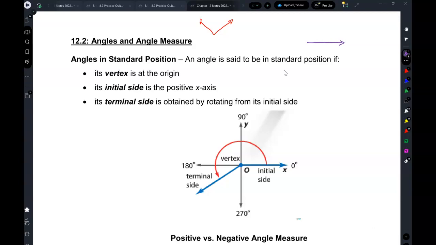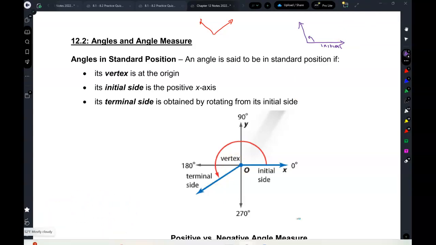Now you've created an angle. The side with which you started, the initial ray, is called the initial side, and the ray with which you ended is called the terminal side.